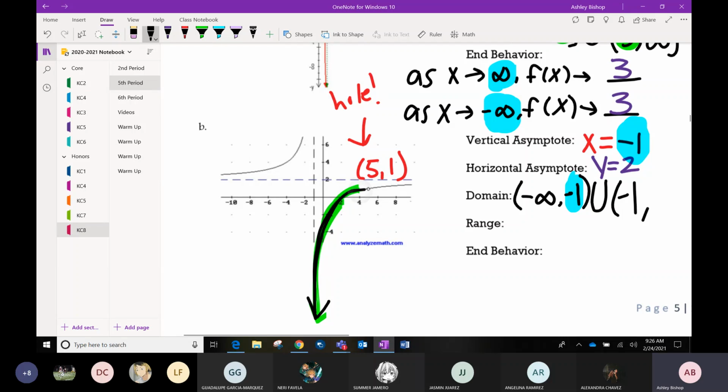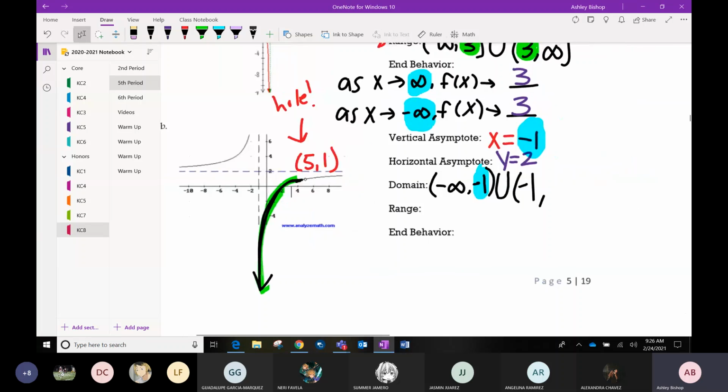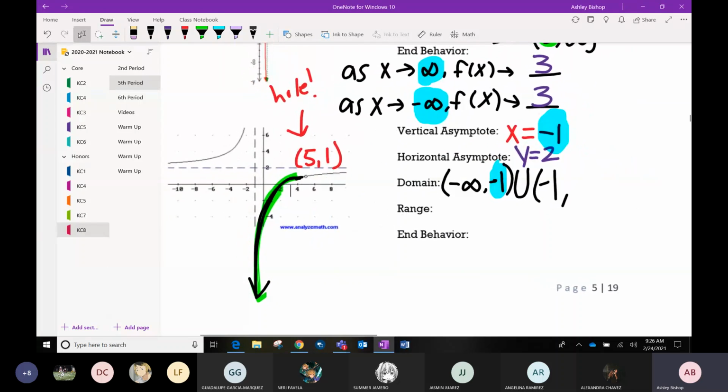Listen here, though. Here's where it's a little bit different. There's a jump in my graph at this hole. The x values are having a good time, going from left to right, but when the graph gets to this hole, it has to stop. It's literally like a hole in the road. So my graph goes from -1, the x values, to 5, and there's a jump in my graph.